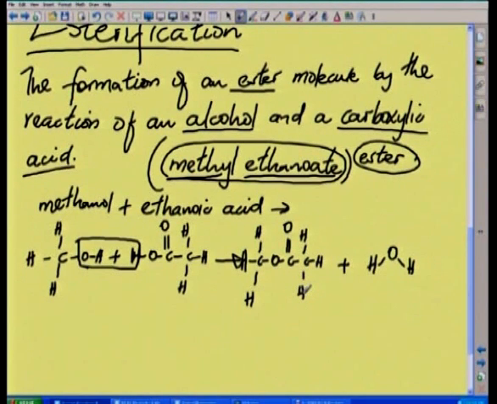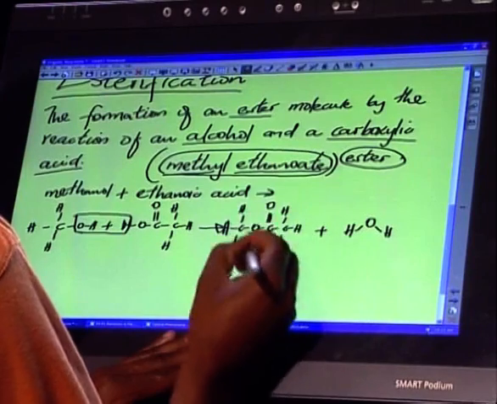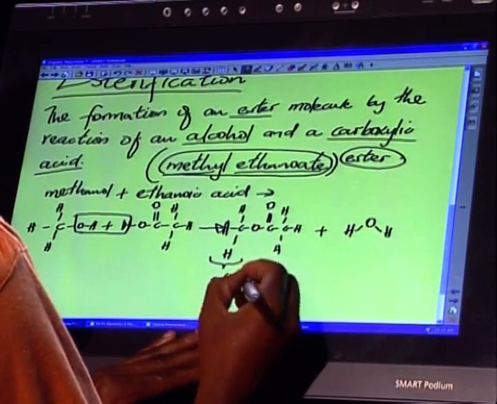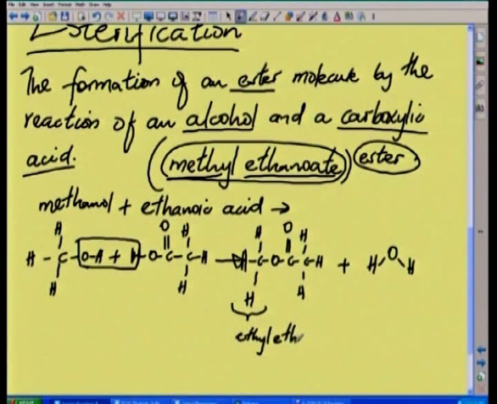And this part here is the methyl group. You start naming that molecule from there. This will be methyl. This part here is your oate part. And how many carbon atoms are in it? 2. So this will be methyl ethanoate. That's how an ester is formed.